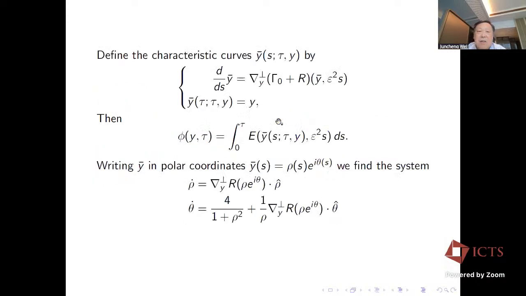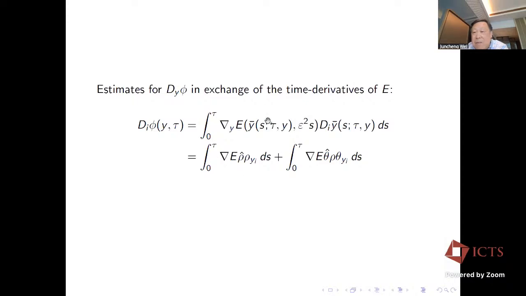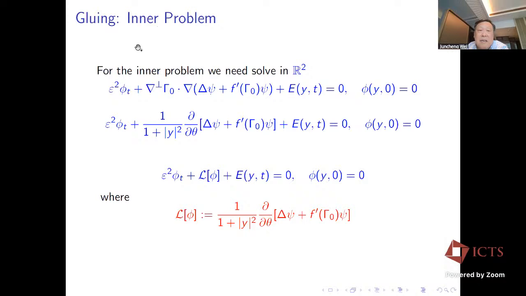Here we use the characteristics curves, and we can write down the solution explicitly, and simply using the characteristics equation, we can estimate this phi directly. It turns out that we get a little bit more regularity for the outer problem. I will not discuss this estimate. The main problem now is the inner problem.